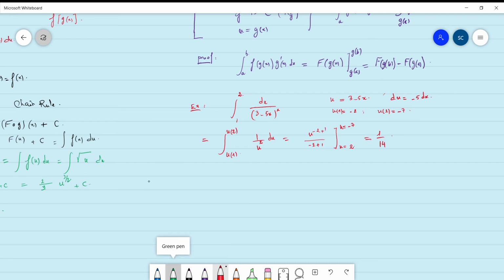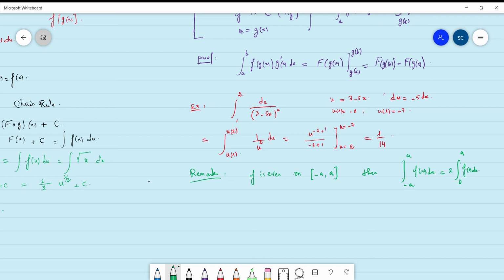is about symmetry. If f is an even function on a symmetric interval centered at 0, so it's important that you have this form of interval, then the integral from minus a to a of f(x) dx will be equal to 2 times the integral from 0 to a of f(x) dx, okay.